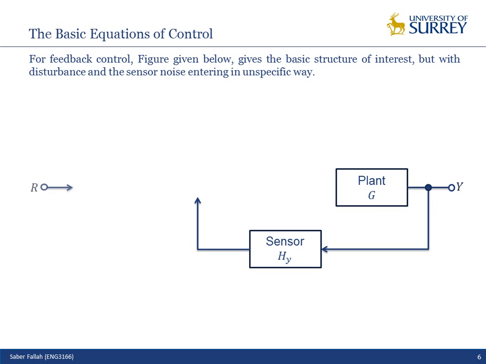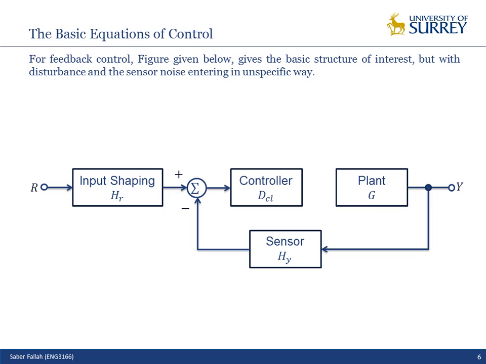Again, we have the reference input. This reference goes to the input shaping block. And here we have the summing device. And the difference from the reference input and the output from the sensors build the error signal of the system.